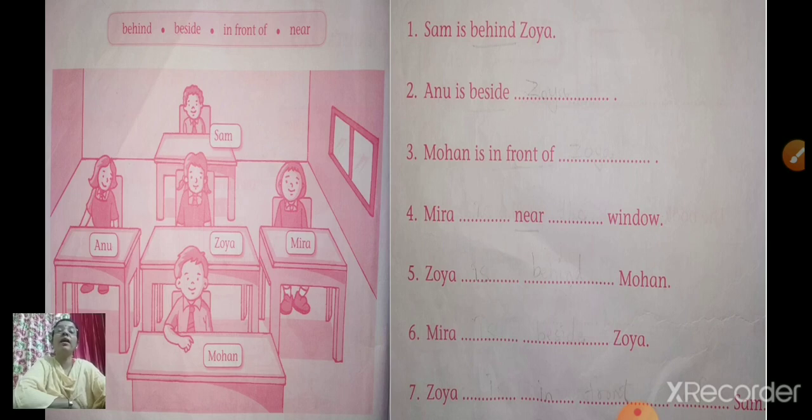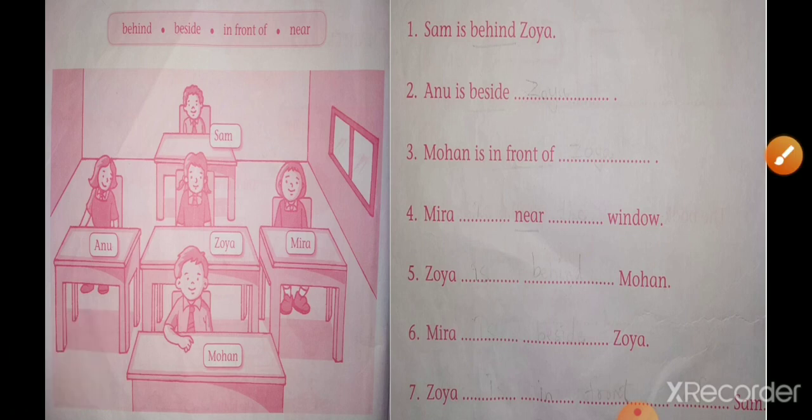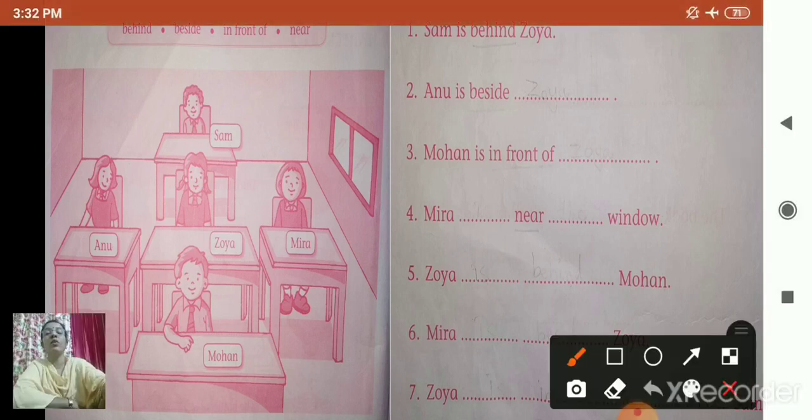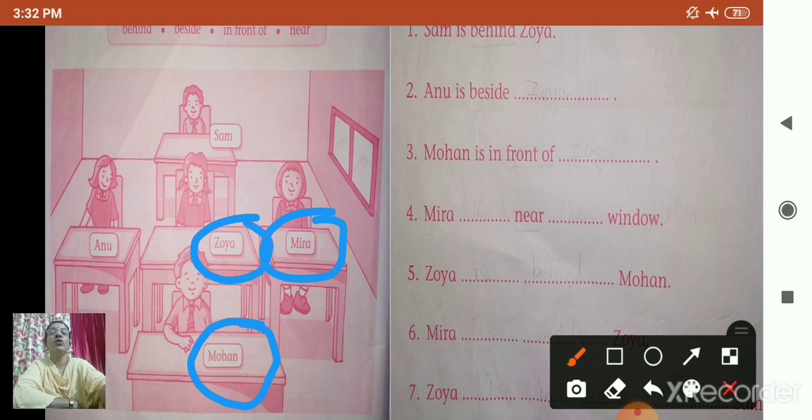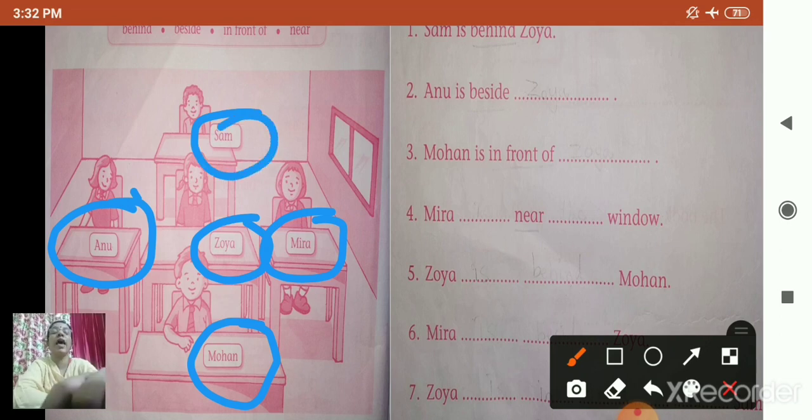Okay. I will show you here. See here. So this one is Mohan. This one is Meera. This one is Zoya. And this one is Anu. And this one is Sam.